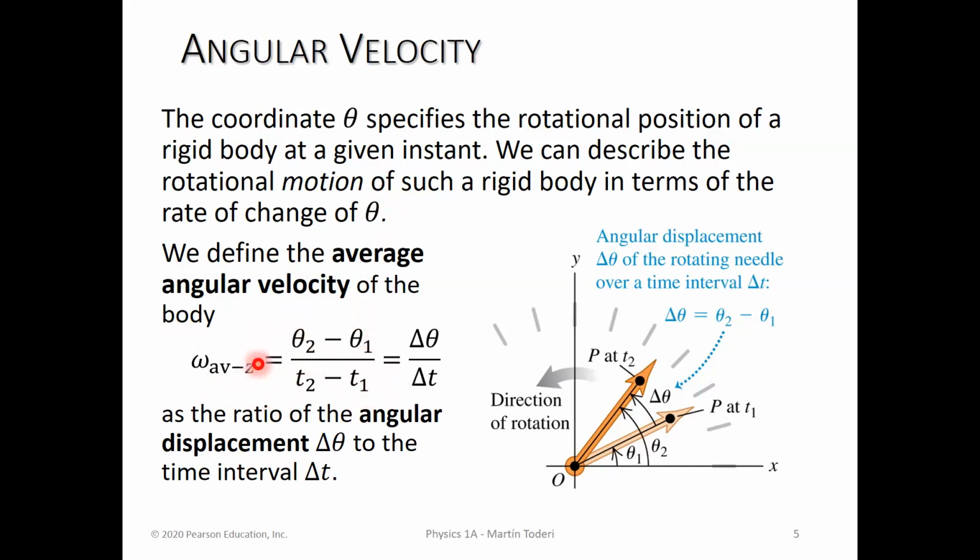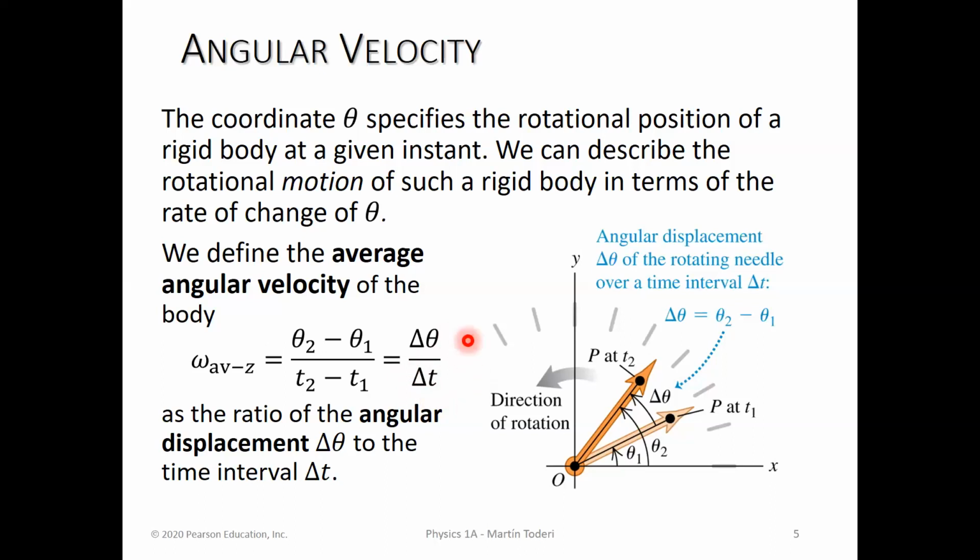So we have the average, just like we did with straight line motion, right? We have the average angular velocity, which is symbolized by omega, and this omega will be equal to the variation of the angle theta, which is the angular displacement, let's call it, divided by the time interval in which this displacement is taking place.